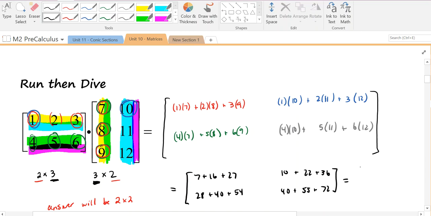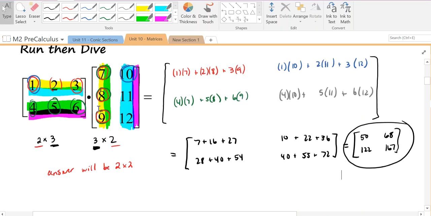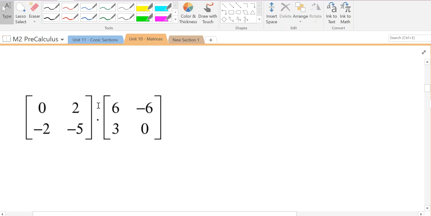And now I'm just going to add all of those pieces up. So I have 50, 68, 122, and 167. And that's matrix multiplication.